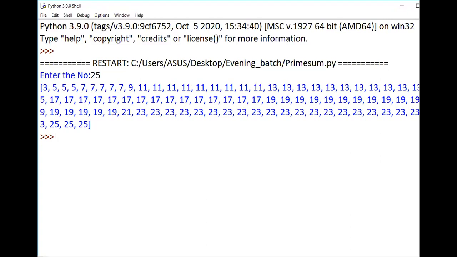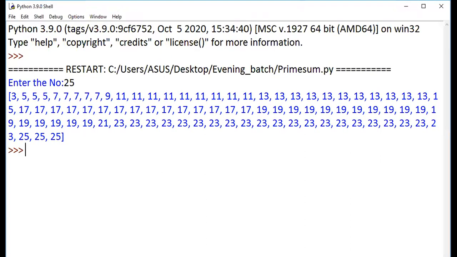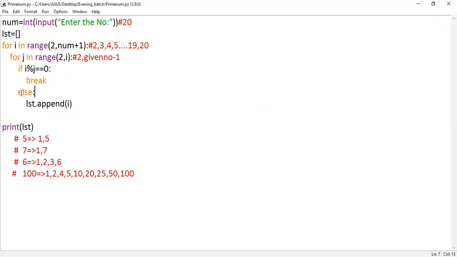Since we have given it inside, this is a problem. If you are giving it outside, then everything will be fine. This for-else part, make this else belong to this loop. Now everything will be fine.